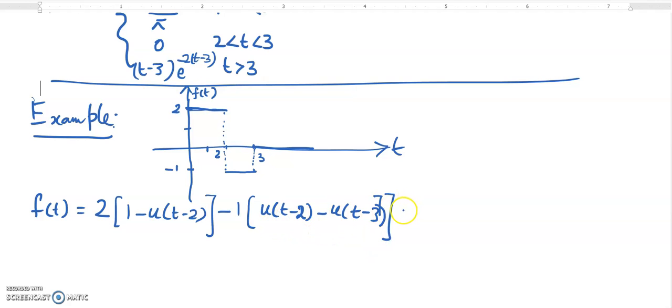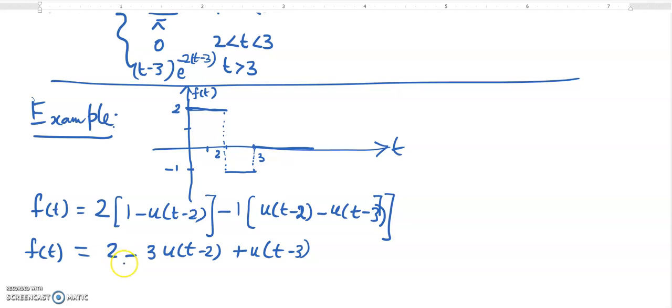Because the next one is 0, we don't need to put it over here. 0 will be 0. So we simplify it. So it is 2 minus 2u, and then minus 1u, both are t minus 2, so it will be 2 minus 3u of t minus 2, and then plus u of t minus 3. In this way I can represent this function in the unit step function format.